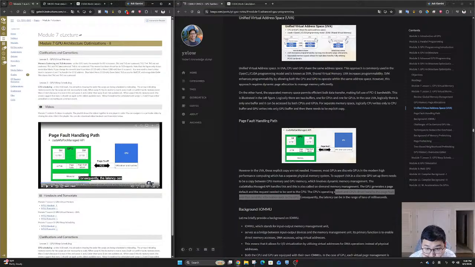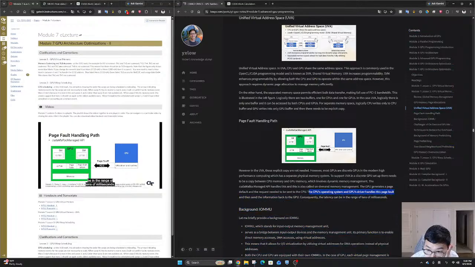Consequently, the latency can be in the range of tens of milliseconds.